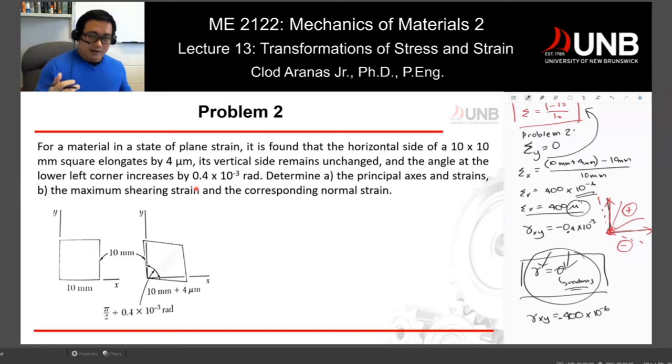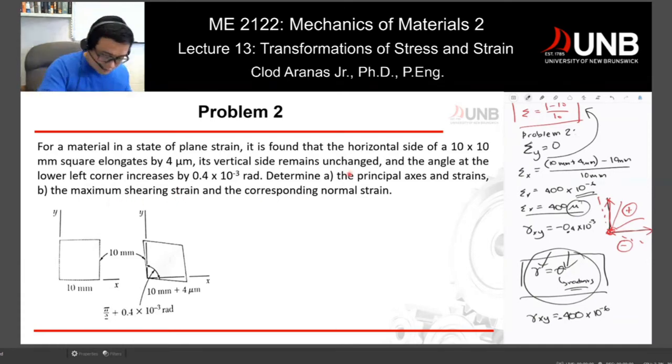Now I already have epsilon x, epsilon y, and shear strain xy, and I can apply the transformation equations to obtain my principal strains. The principal axis is theta sub p, and you have the maximum shearing strain, which is in-plane right now, your gamma maximum in-plane, and we have the corresponding normal strain at this specific position.